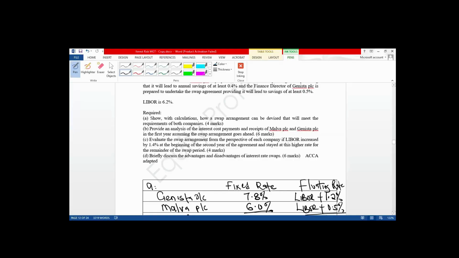Evaluate the swap arrangement from the perspective of each company, if LIBOR increased by 1.4% at the beginning of the second year and stays at that higher rate for the remainder of the swap period.